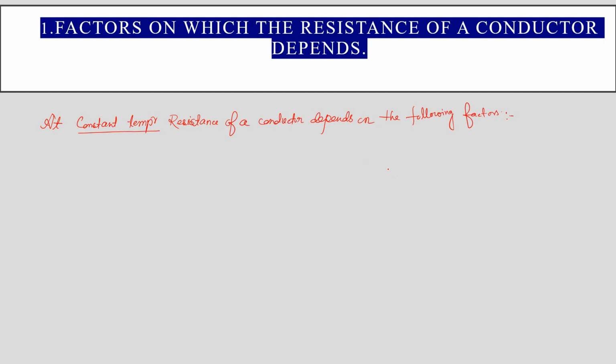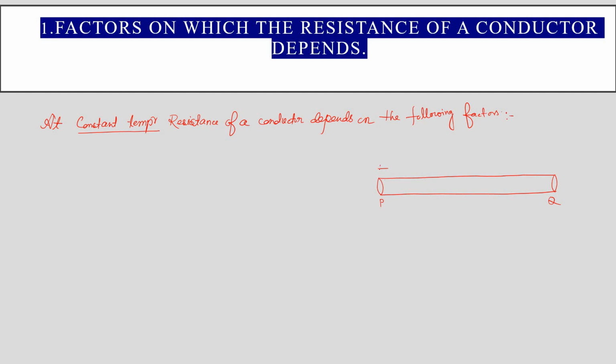So first of all, for the realization, we should draw a conductor. We are considering a cylindrical conductor. It is not obvious that the conductor is always in cylindrical shape, but in most cases the electrical wires or the conductors are in cylindrical shape. So we are considering a conductor PQ.